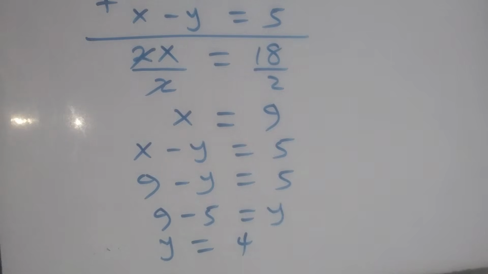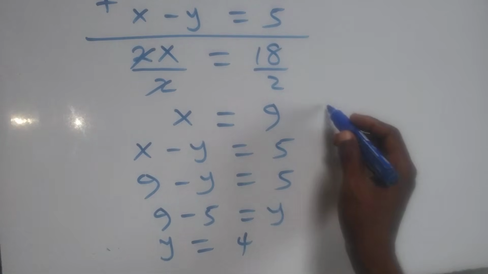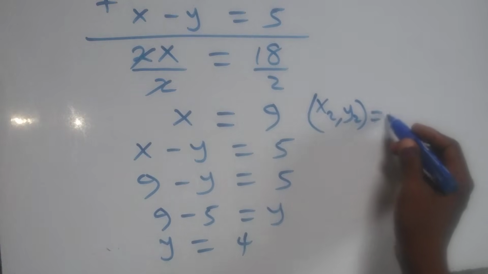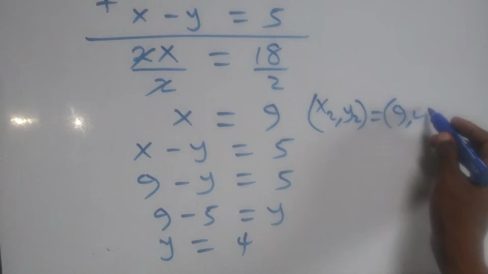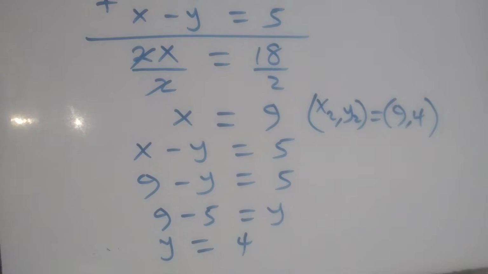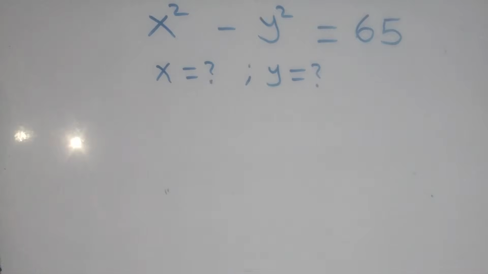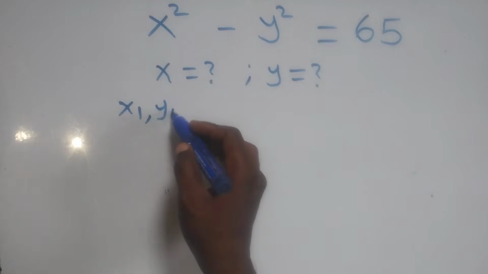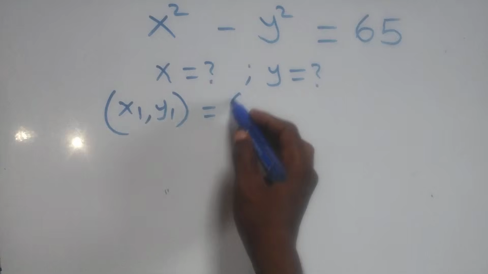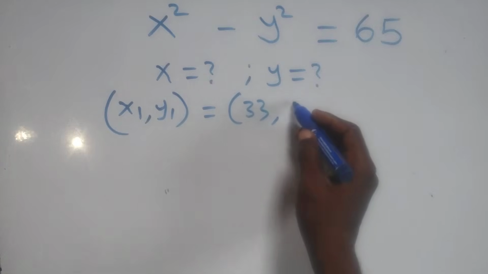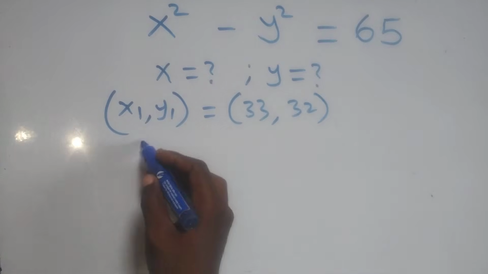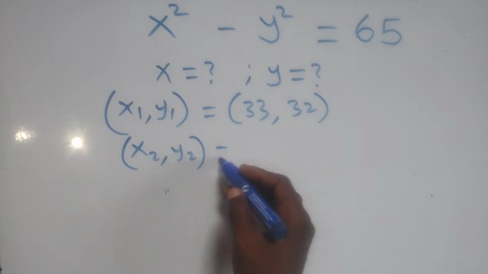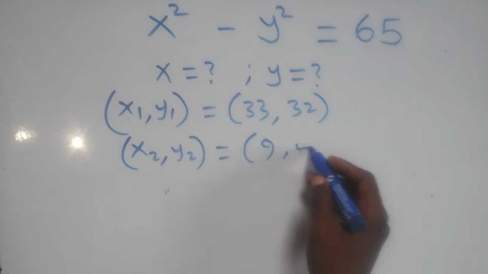So we have the second possible solution, x2, y2, which is 9 comma 4. So the two solutions here are x1, y1, which is 33 comma 32, and x2, y2, which is 9 comma 4.